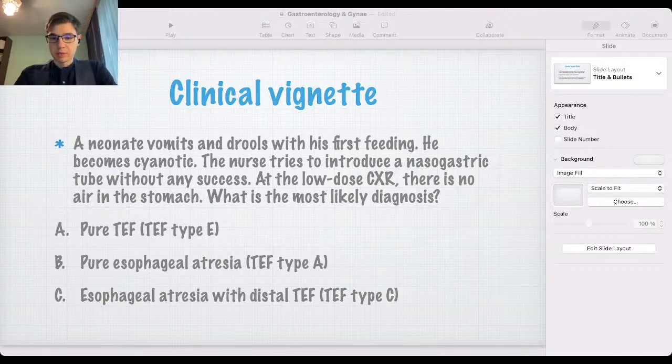Okay, we have an answer from Talha, who says that it is a pure esophageal atresia because there is no air in the stomach. Do we have any other answers?